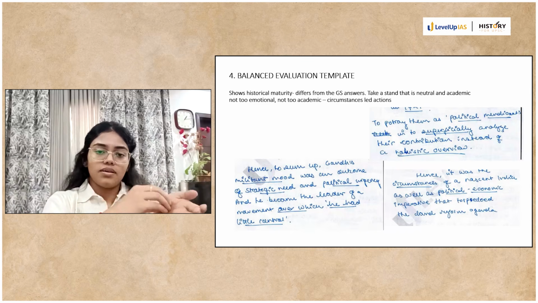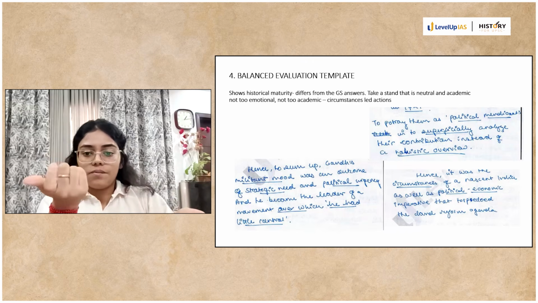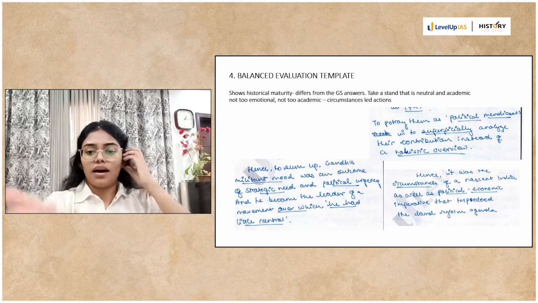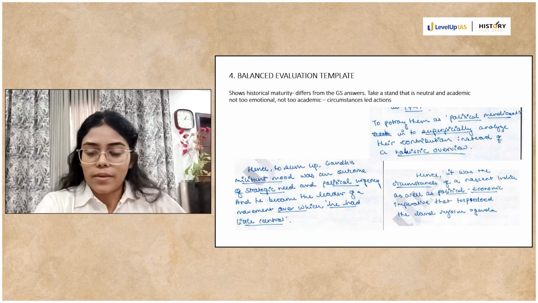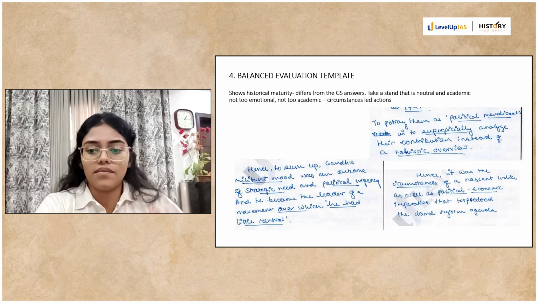Try to place the question in the historical circumstances. One way to balance it is that you also give the answer key. For example, there was a question on land reform. You just say that it was the circumstances of a nascent India as well as the political-economic imperative that torpedoed that land reform agenda.